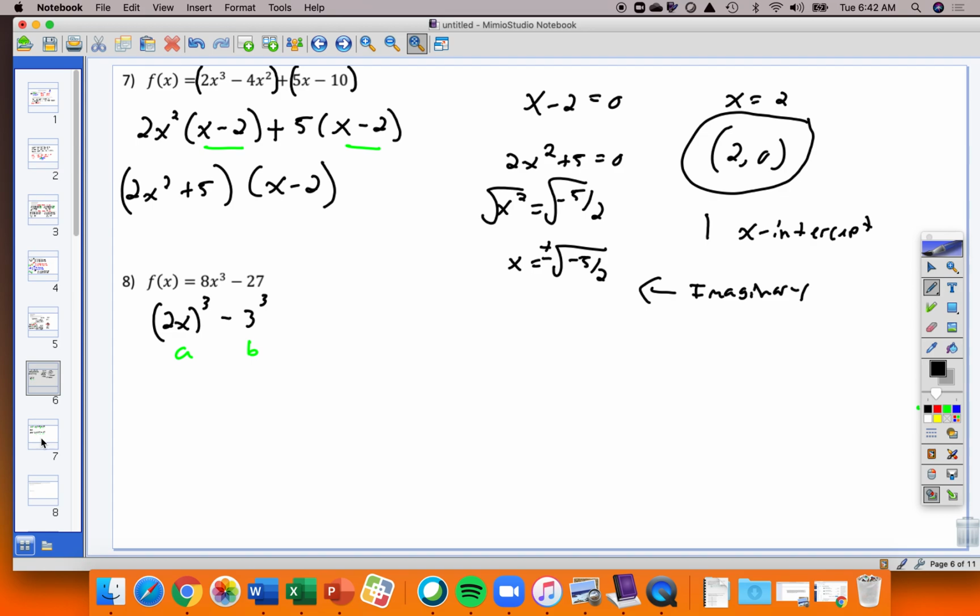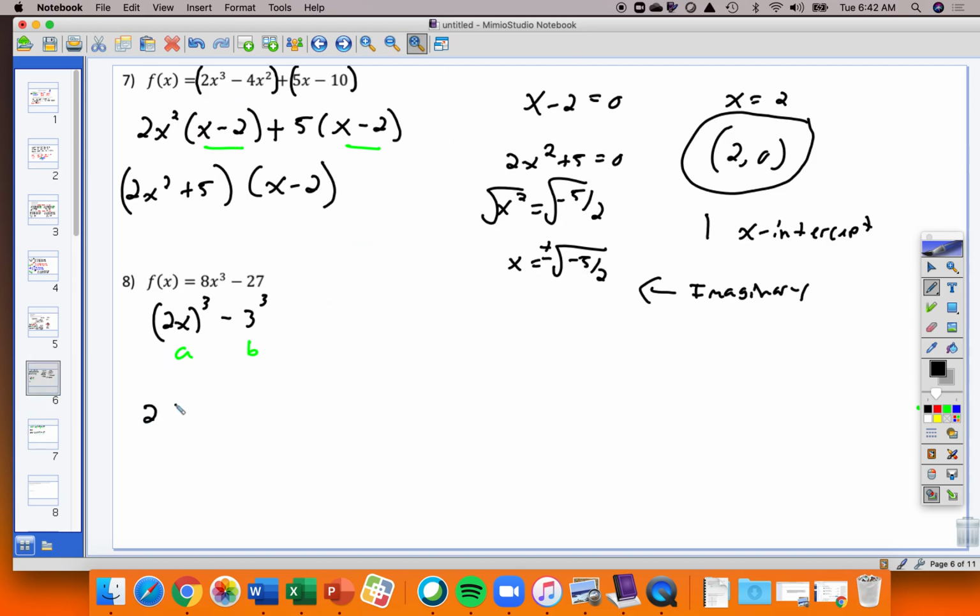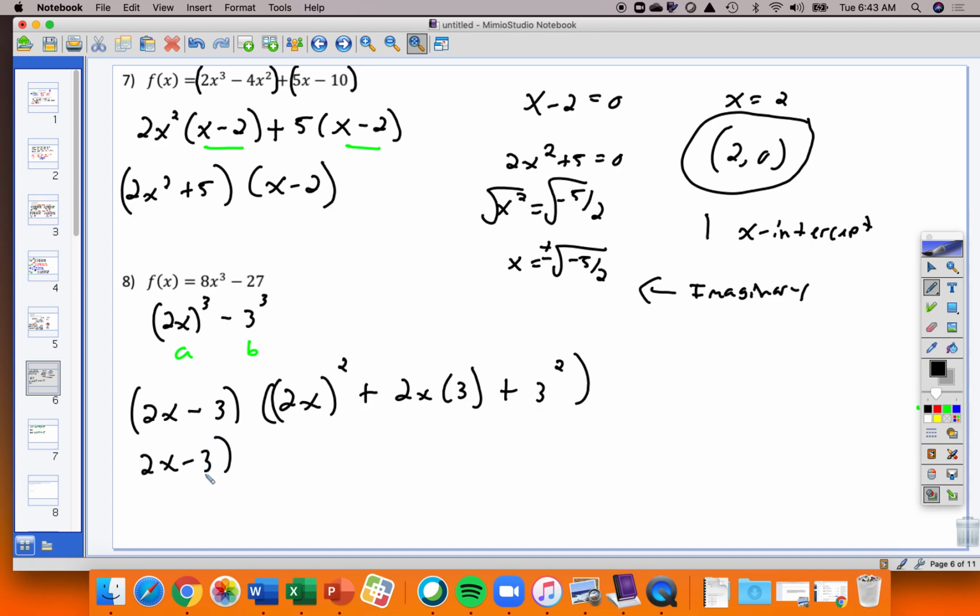When I factor, just like I did here, I have a minus b times a squared plus ab plus b squared, which leaves me with 2x minus 3 times 4x squared plus 6x plus 9.